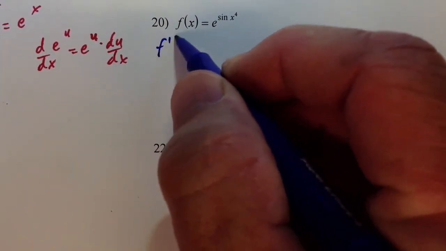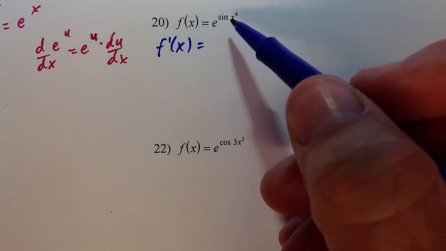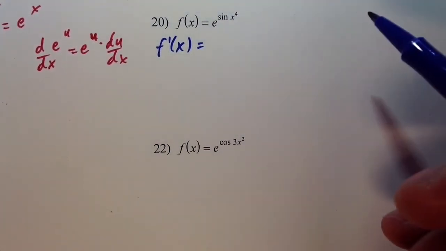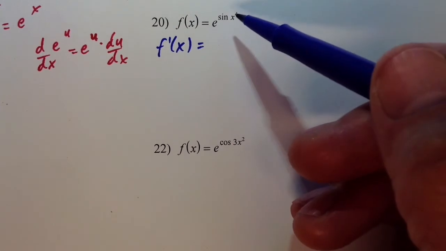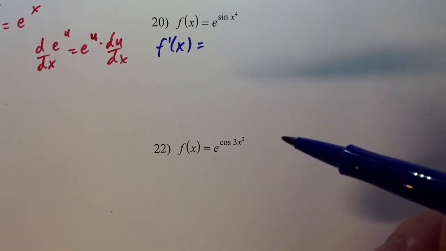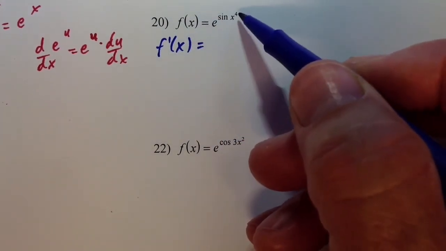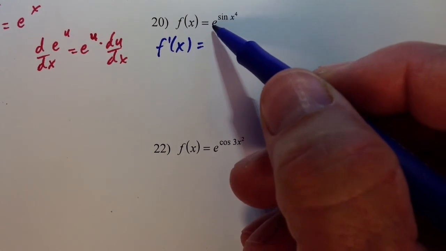We see here f prime of x. Let's go back to the basics. If you're getting lost on some of these, maybe you have forgotten that when we know we need to use the chain rule, we have to identify what is the outside function and what is the inside function. Well, with e as the base to anything, the outside function is the e.